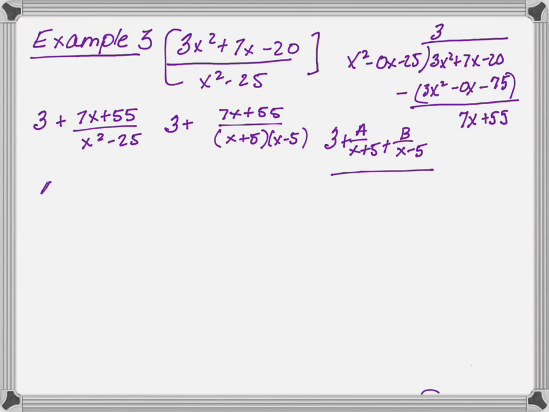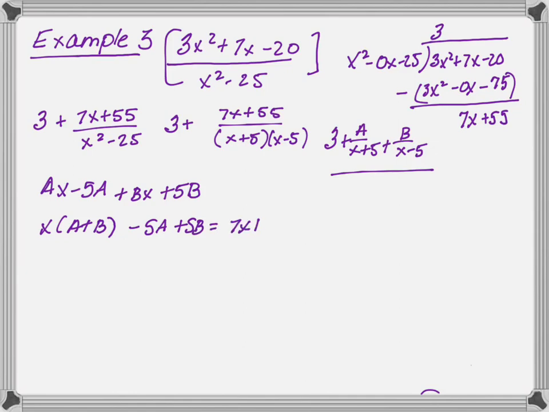So that would be ax minus 5a plus bx plus 5b. So we're just going to take the x's out, and we get a plus b. And then we have minus 5a plus 5b, and that's equal to 7x plus 55. So a plus b has to equal the 7, and negative 5a plus 5b has to equal 55.